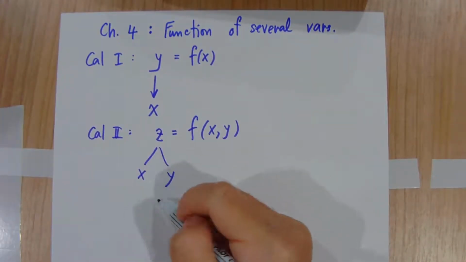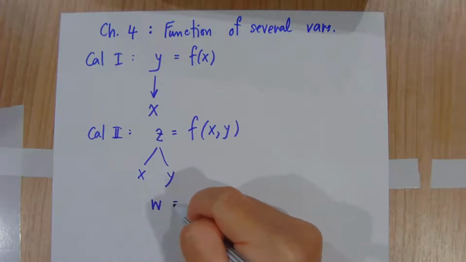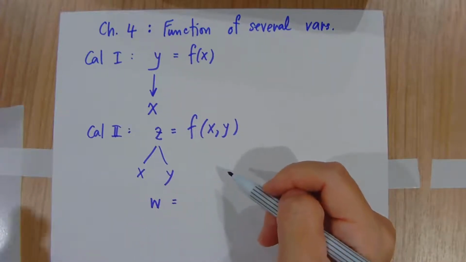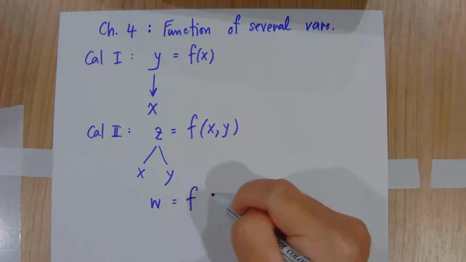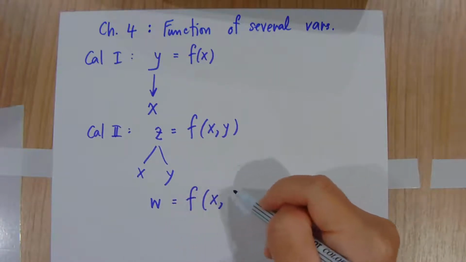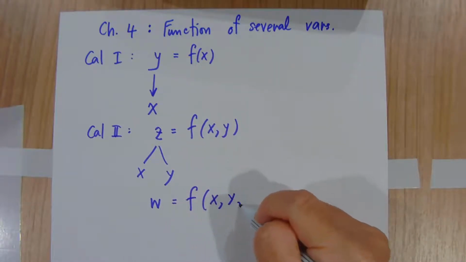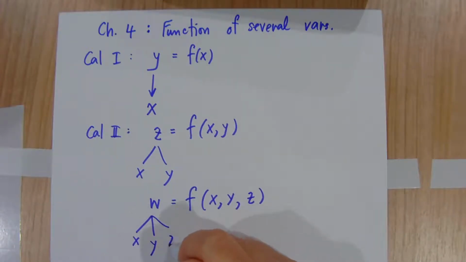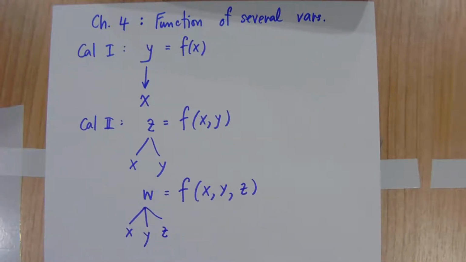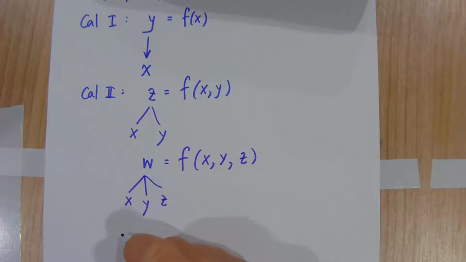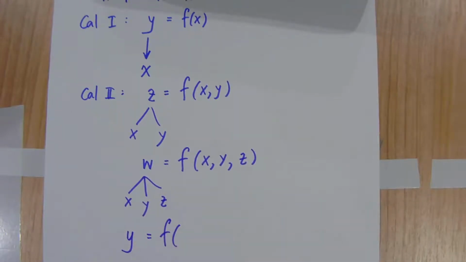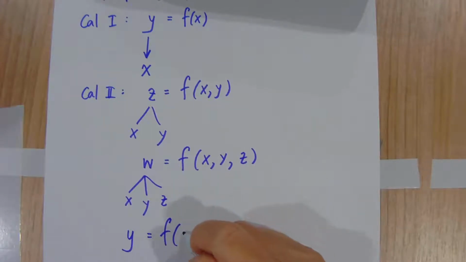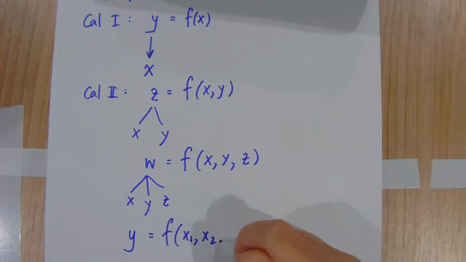Or we can talk about functions of triple variables, right? For example, w, right? Depends on the variables x, y, z. Okay, you can see. So in general, if you write for functions of several variables, we write that y depends on the variables from x1 to xn.